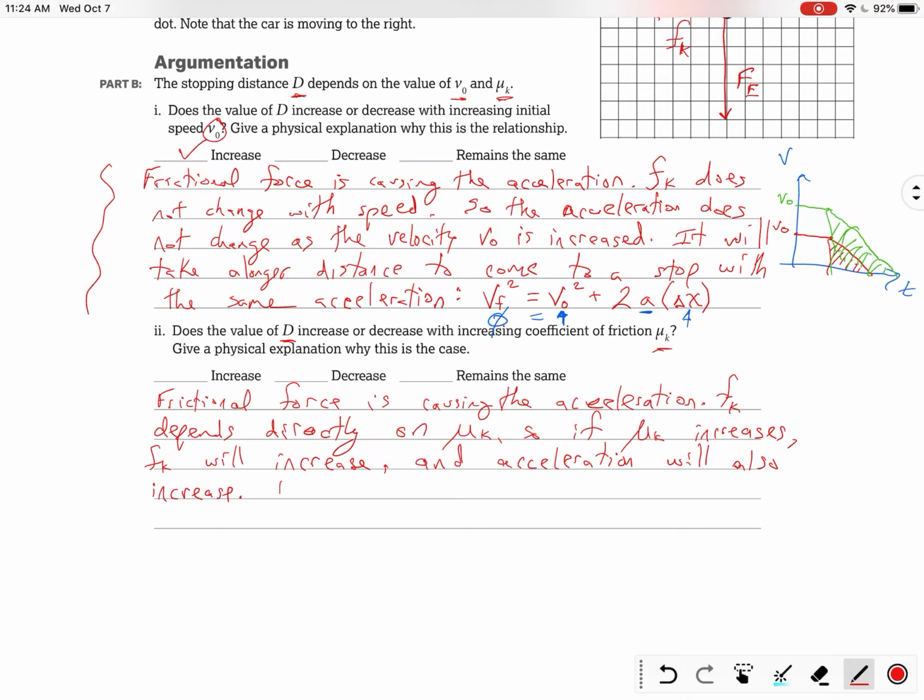So let's make the claim: if the acceleration increases, the stopping distance will decrease.